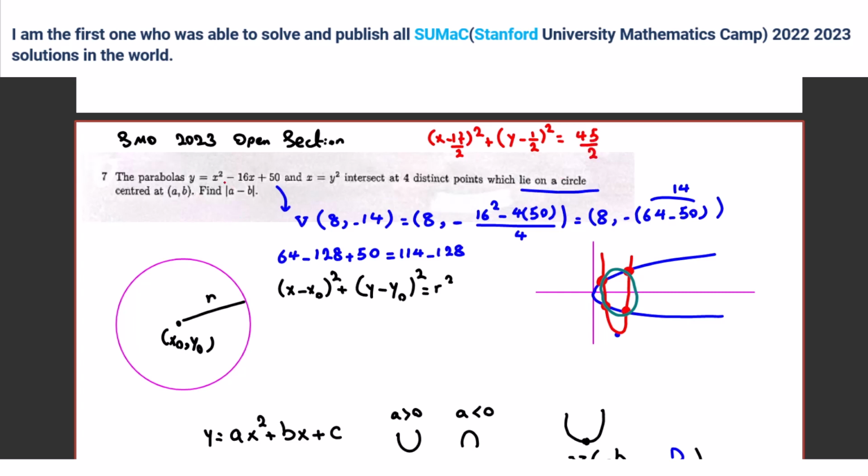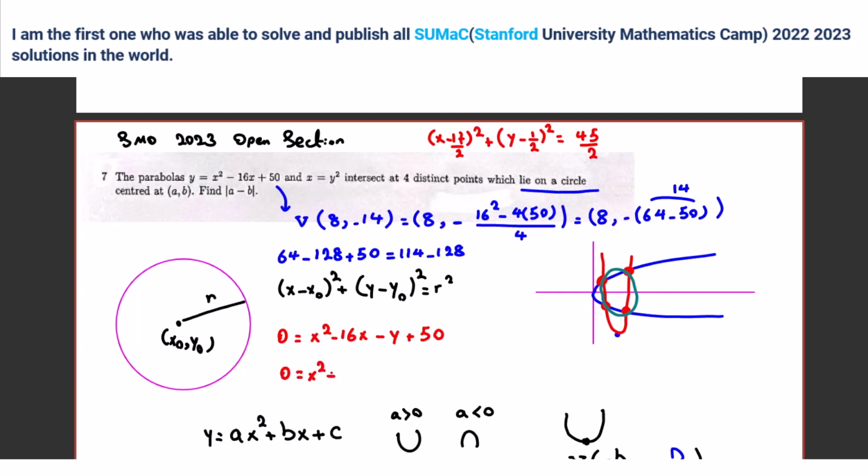Okay, let's check. Here, x is y squared. So when we take it to the right side, it will be x squared minus 16x minus y plus 50. Because here the coefficient of x squared is 1 and we want to create 1 y squared, right?